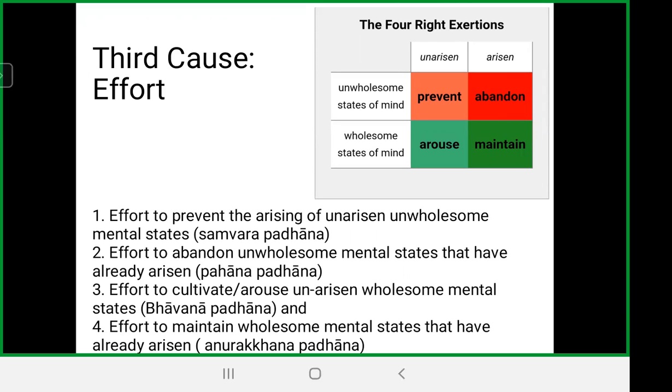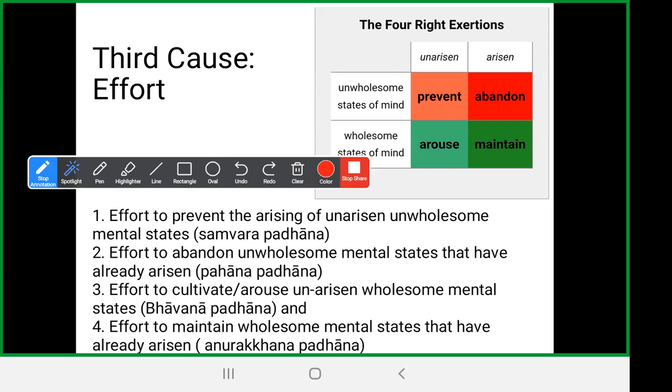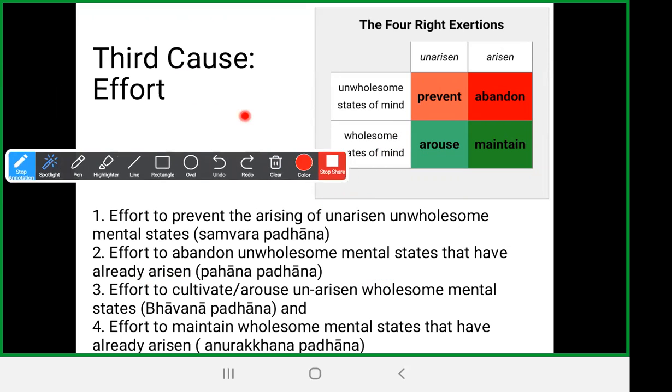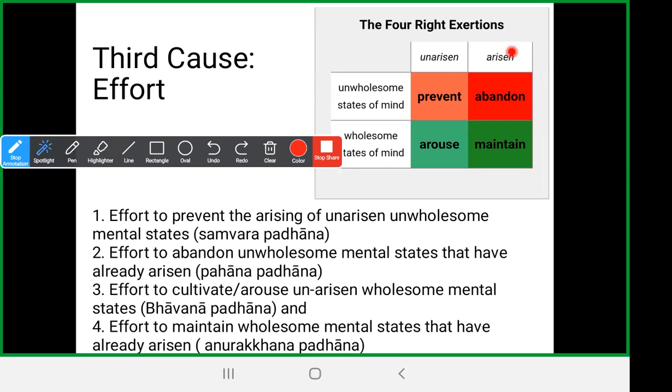Number 3, effort to cultivate and arouse unarisen wholesome mental states. Bhavana padhana. Number 4, effort to maintain wholesome mental states that have already arisen. Anurakkhana padhana.